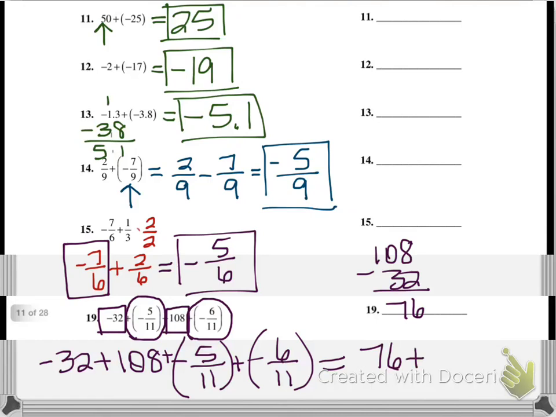And negative 5/11 plus negative 6/11, a negative plus a negative, so I'm going to add and keep the sign, which will be negative 11/11, which is the same thing as negative 1. So I really have 76 plus negative 1, which is going to get me 75.